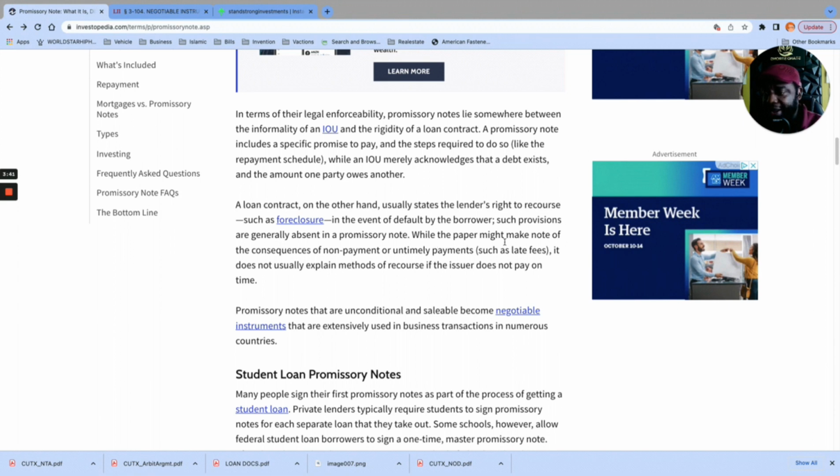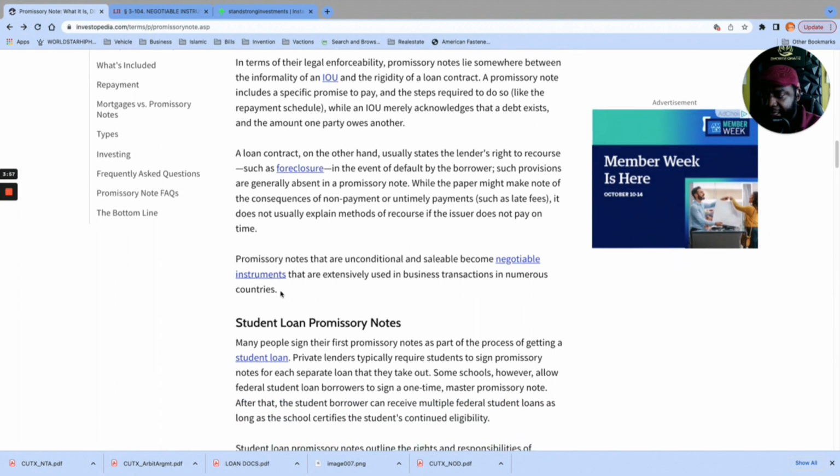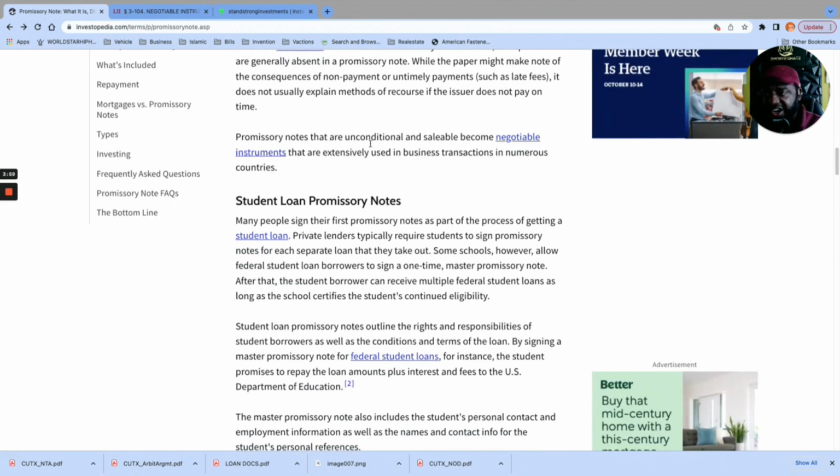While the paper might make note of the consequences of non-payment or untimely payments, such as late fees, it does not usually explain methods of recourse if the issuer does not pay on time. Promissory notes that are unconditional and sellable become negotiable instruments that are extensively used in business transactions in numerous countries.